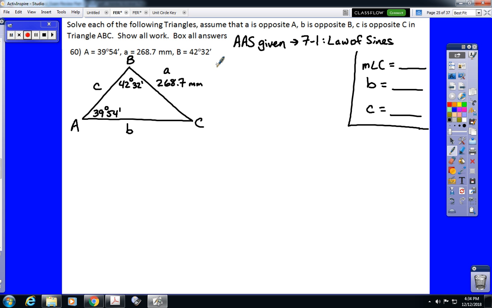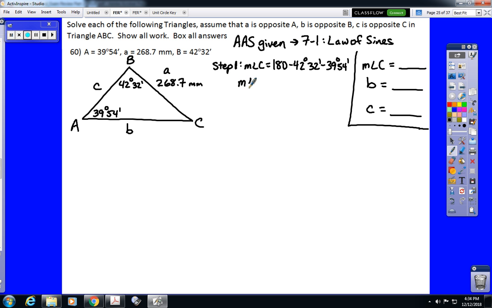I would start doing the measure of angle C first, because that is 180 minus the 2 angles that we know. 42 degrees 32 minutes, which I put a decimal point in by mistake, so let me clean that up. There we go. And 39 degrees 54 minutes.